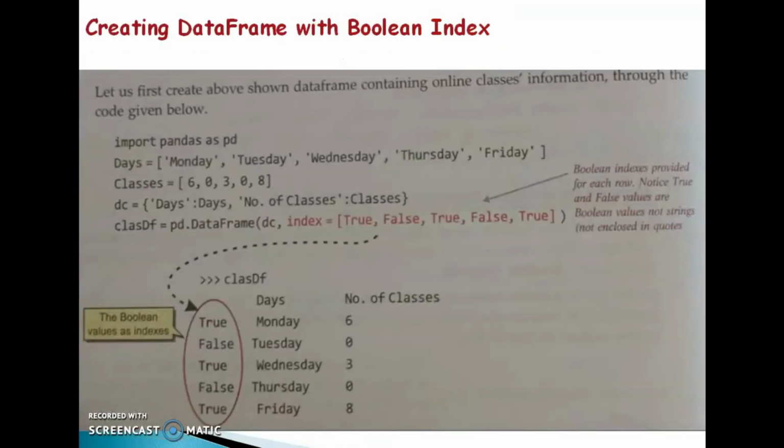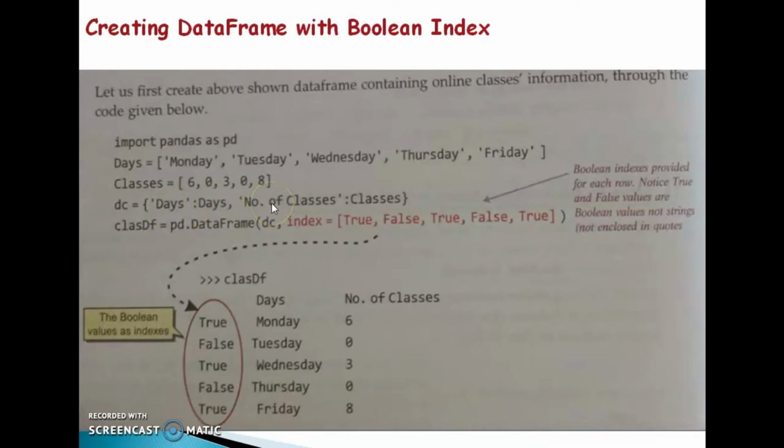Okay. Then, how to create a data frame with Boolean index? For that, we can use import pandas as pd. Here days is equal to Monday, Tuesday, Wednesday, Thursday and Friday. Classes is equal to 6, 0, 3, 0, 8. dc, that is a dictionary, is equal to, within curly braces, I specified the key days, value days.